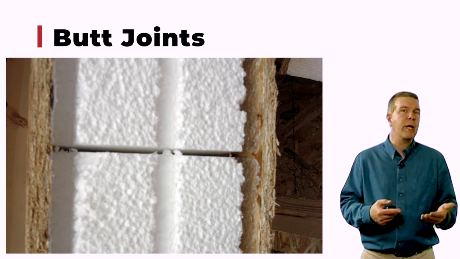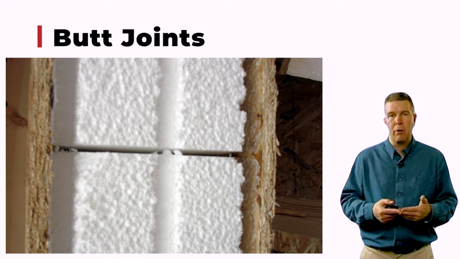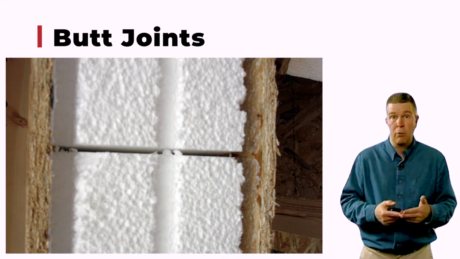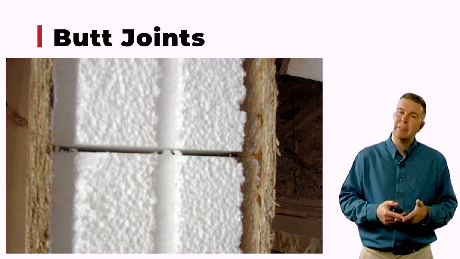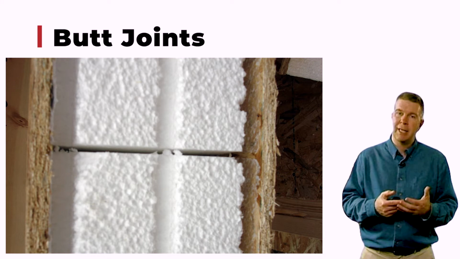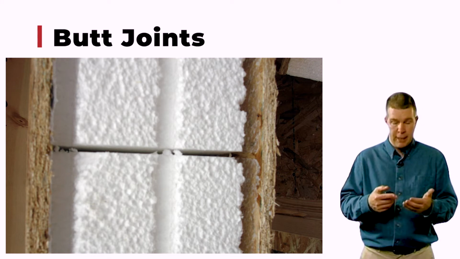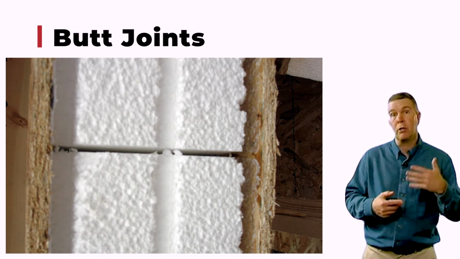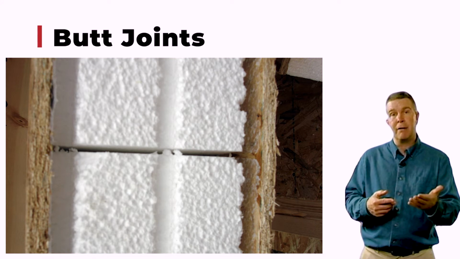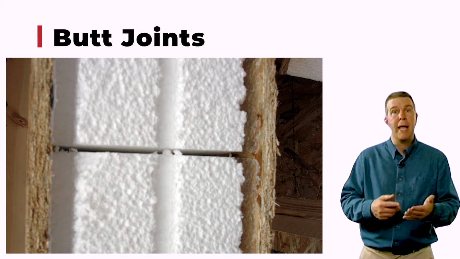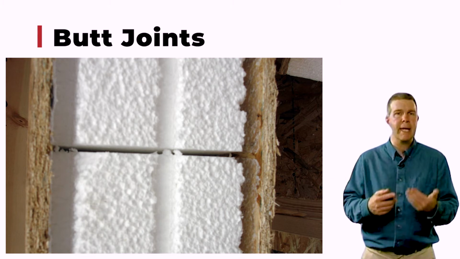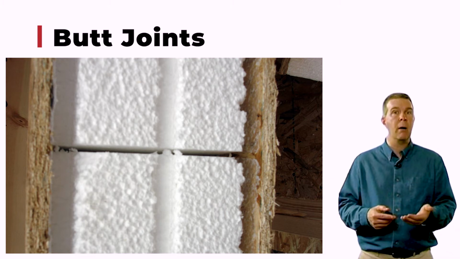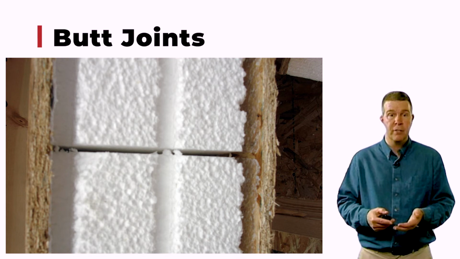But in some of the plants where you might not have all of the automated techniques, or just a breakdown in quality control, as we know happens, you might get something like this where the foam isn't held tightly together and you've got a thermal void. It's important for you as the installer to be able to look at that and identify it as a problem immediately. You have to seal it, fix it, label it, identify it, and get it into the system so that it's not going to become the thermal void that it is here.